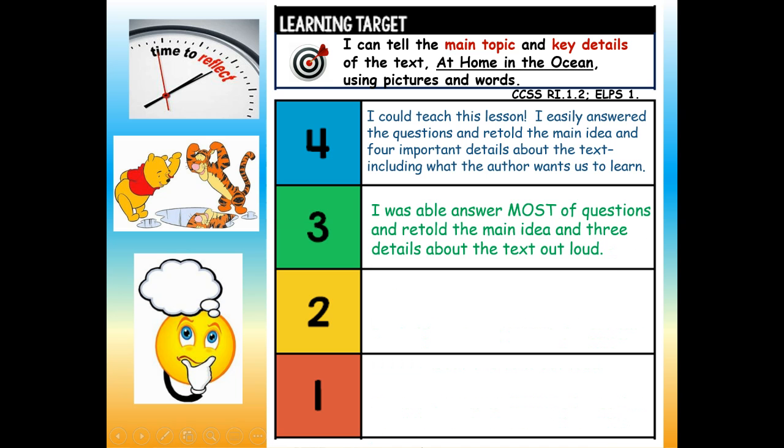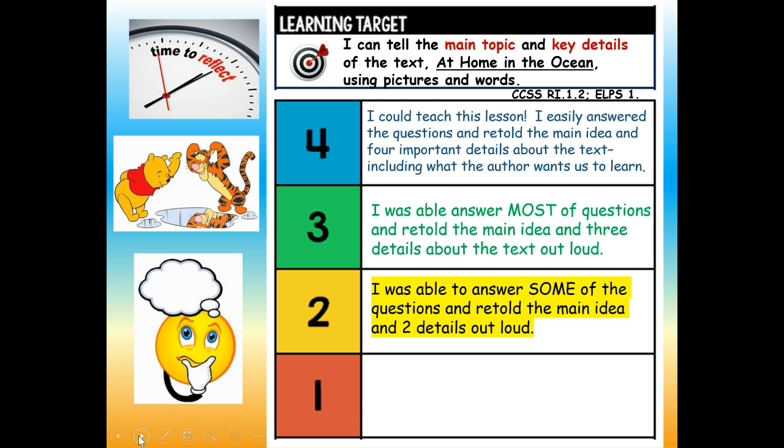Or would you give yourself a 3? I was able to answer most of the questions and retold the main idea and 3 details about the text out loud. Or would you give yourself a 2? I was able to answer some of the questions and retold the main idea and 2 details out loud.